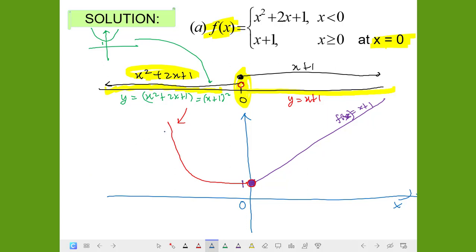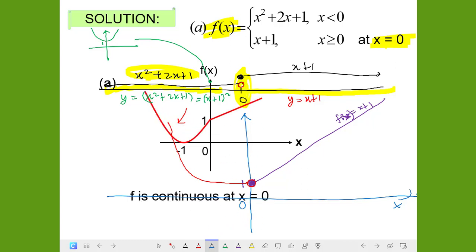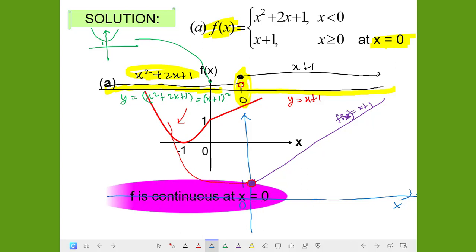First, f(0) is equal to 1. The second is to find the limit. The third is that number 1 is equal to number 2. If they are equal, we conclude that f is continuous. From this graph, f is continuous. That's it.